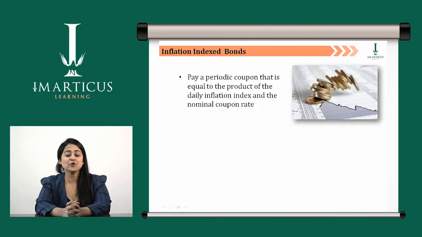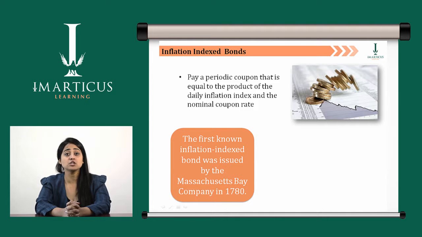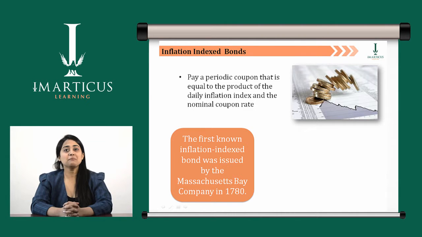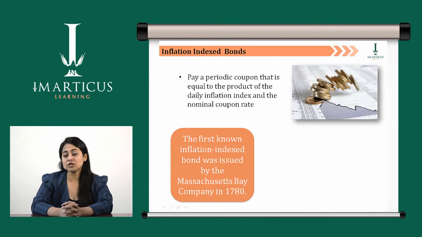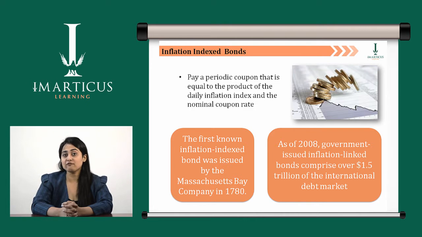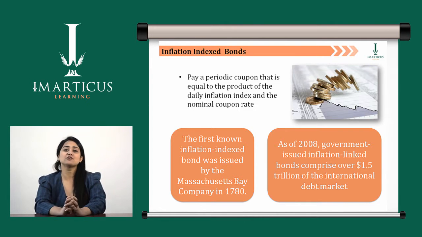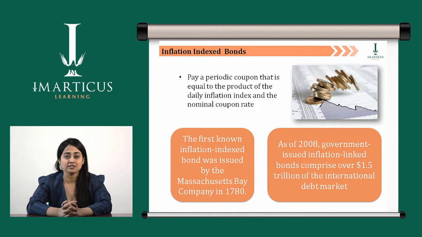The first known inflation index bond was issued by Massachusetts Bay Company in 1780. The market has grown dramatically since the British government began issuing inflation-linked gilts in 1981. As of 2008, government issued inflation-linked bonds comprise over $1.5 trillion of the international debt market.